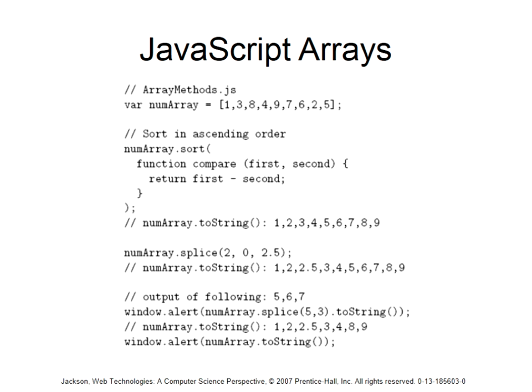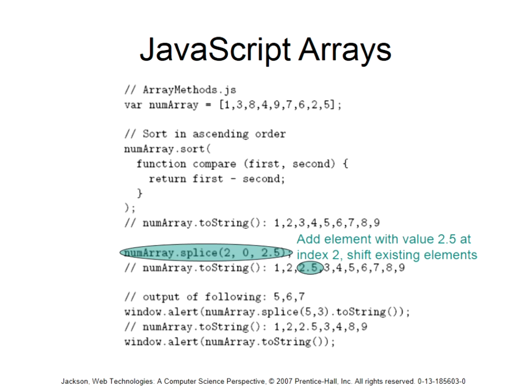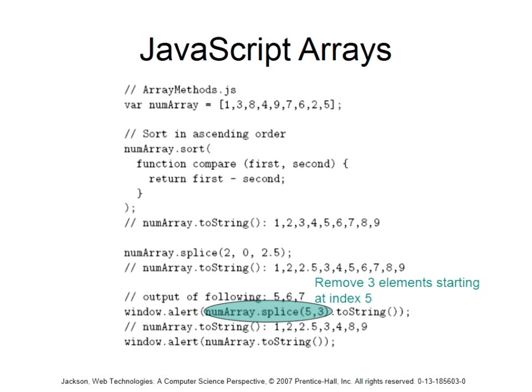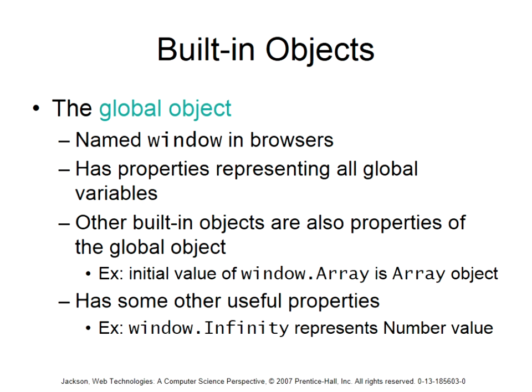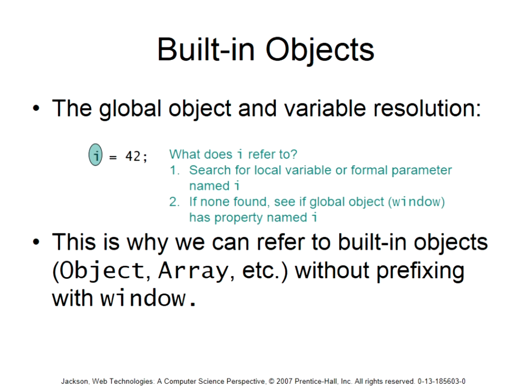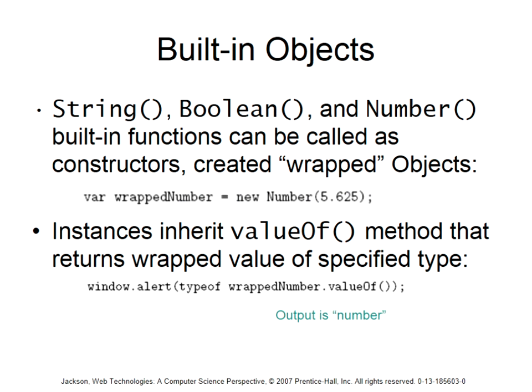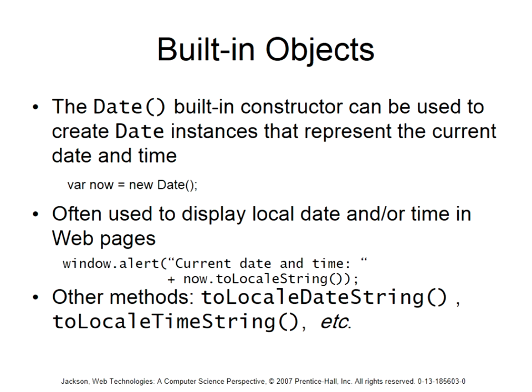So there are many methods in arrays. This is an example of how we can use this method. After that, there are many other built-in objects. For example, we can find String, Boolean, and Number. Date is a built-in object.